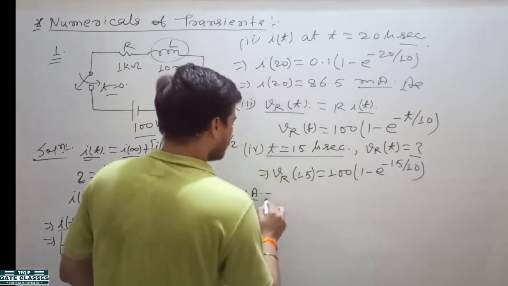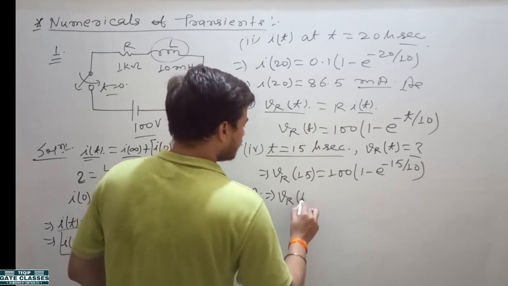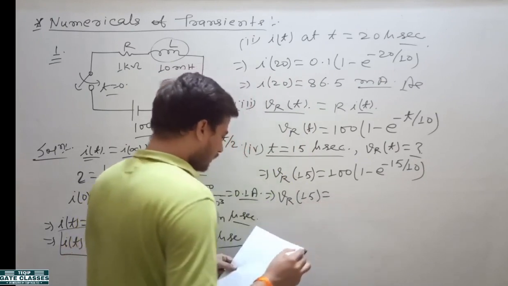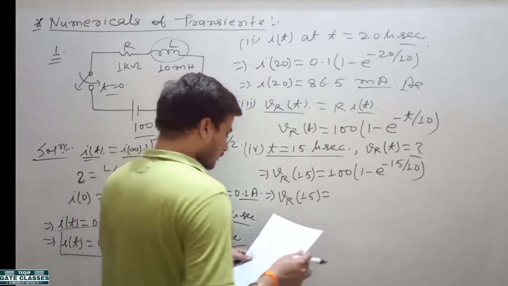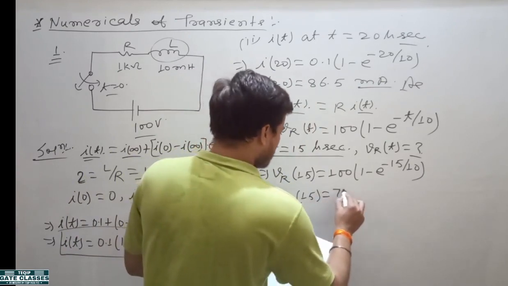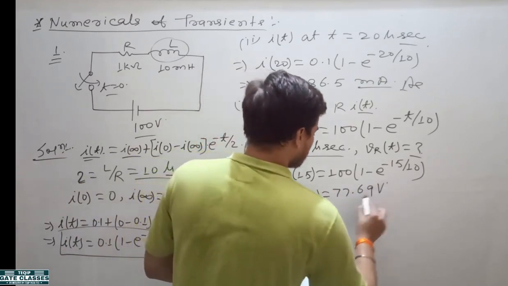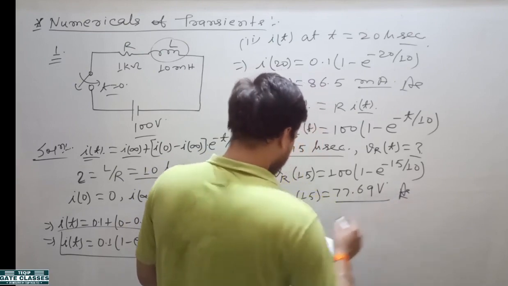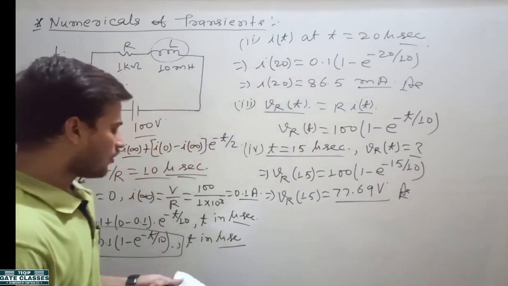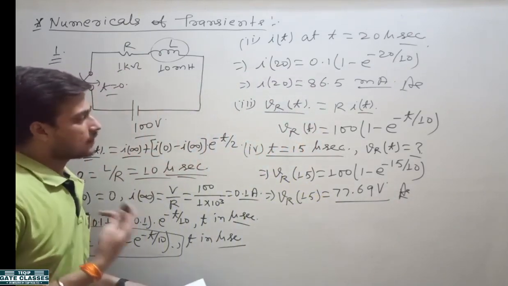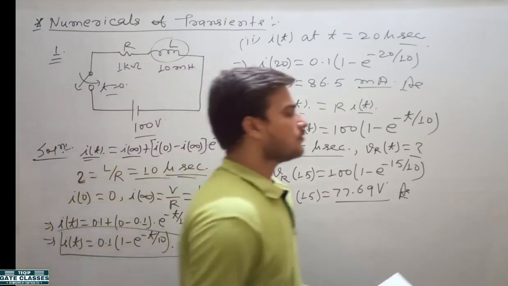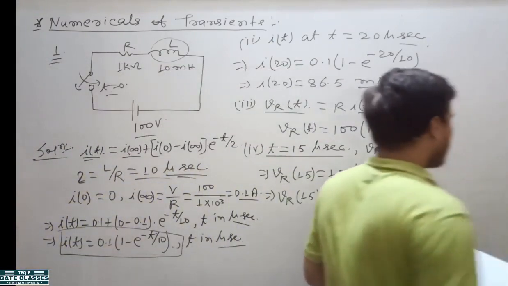So from here VR 15 will be equal to 77.69 volt. 77.69 volt will be the value of voltage across resistance at t equal to 15 microsecond.